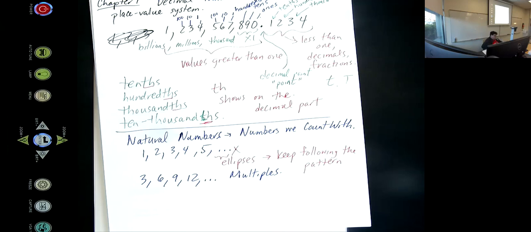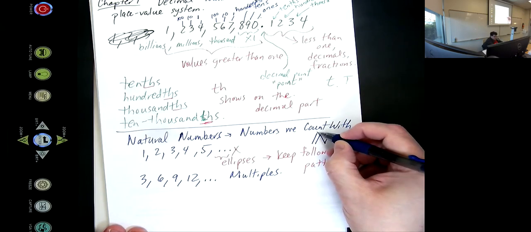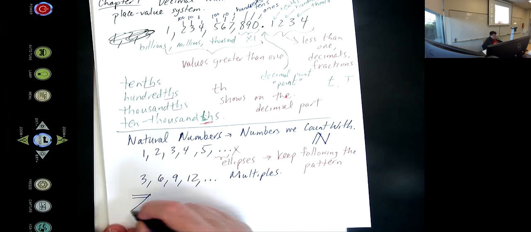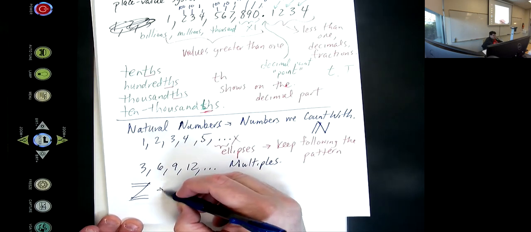Then this symbol, natural numbers are sometimes shown as an N that looks like that with an extra line. And then you will see a Z that looks like that. This is for integers.